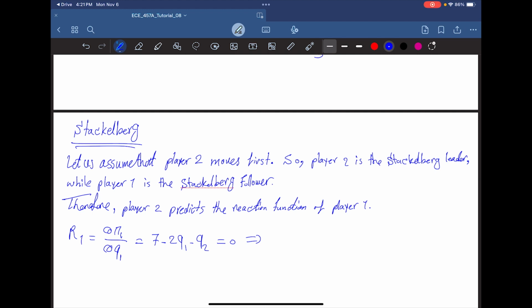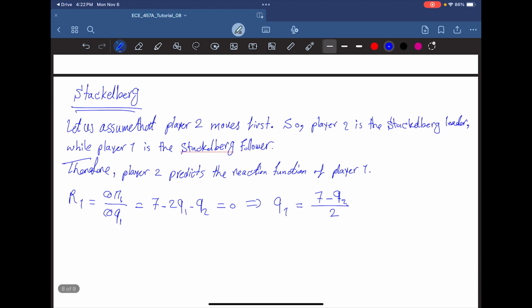So player 2 predicts the reaction function of player 1. This gives us for player 1, Q1 equals (7 minus Q2) over 2. What we need to do is to substitute this into the payoff of the second player, second company.